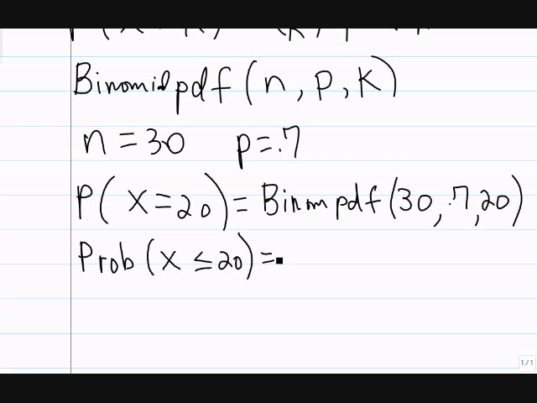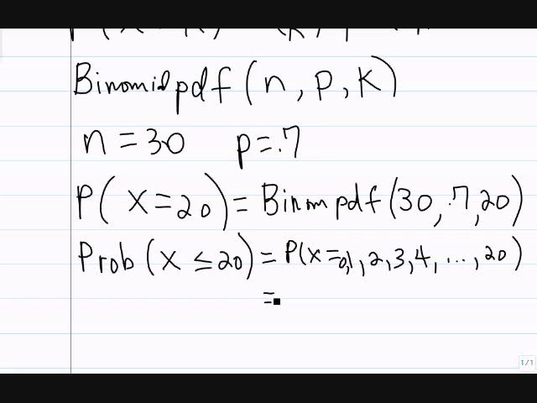That is the probability that x is 0 or 1 or 2 or 3 or 4 up to 20.